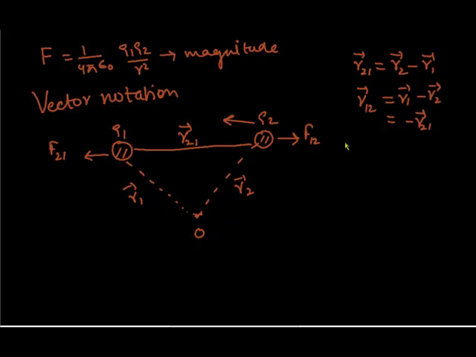We can now write the Coulomb force between two point charges located at position vectors R1 and R2 as F21 is equal to K Q1 Q2 upon mod R21 square into R21 cap, where R21 cap is equal to R21 upon mod R21, and this R21 cap is the unit vector that denotes the direction from charge Q1 to Q2.